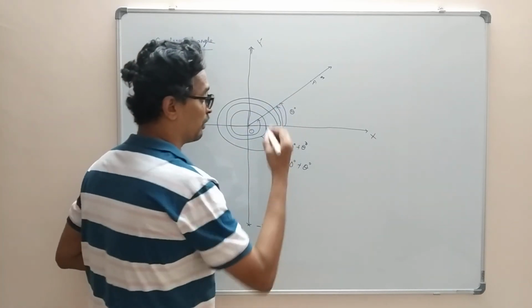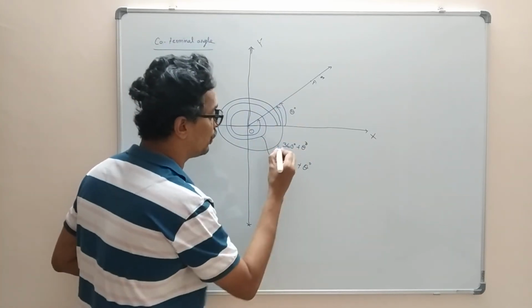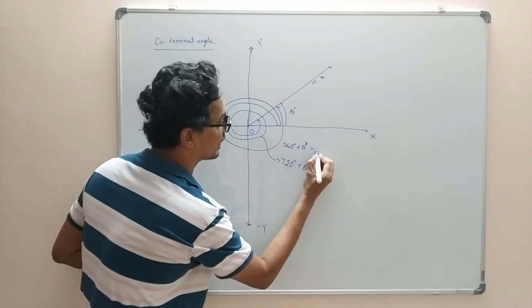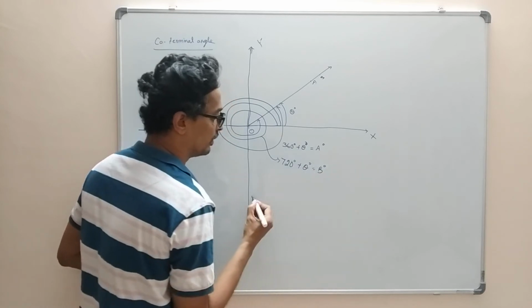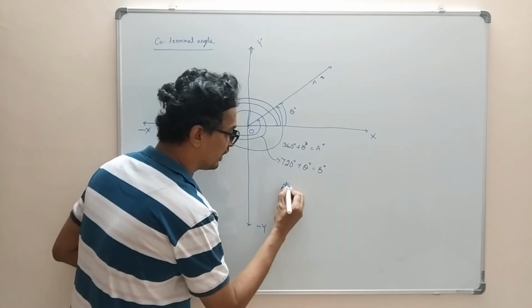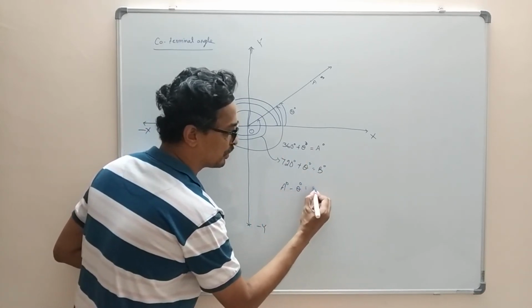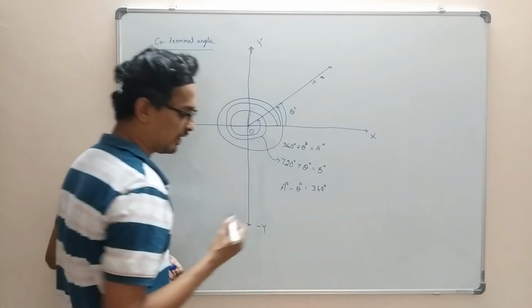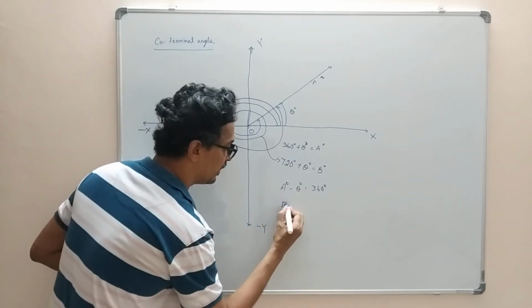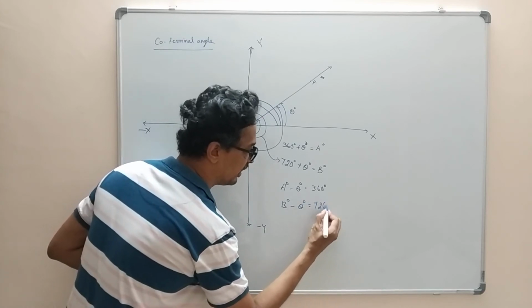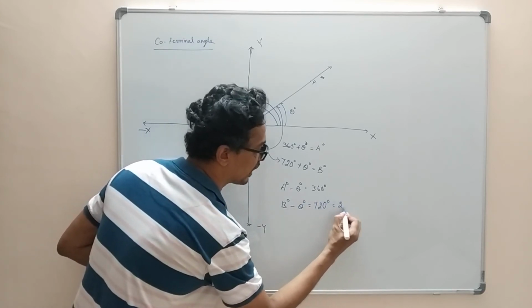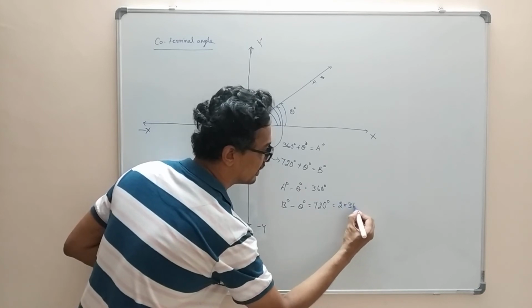So let us call this final angle A degree and this angle B degree. Our difference A degree minus theta degree is equal to 360 degree. Correct? Similarly, B degree minus theta degree is equal to 720 degree, which is nothing but 2 times 360 degree.